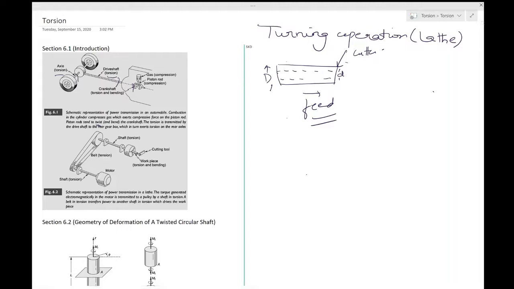The chips would fall off, and your workpiece will get reduced in size. Okay, so this is something which you have most probably done. If not, please look up the video right now before you move ahead.